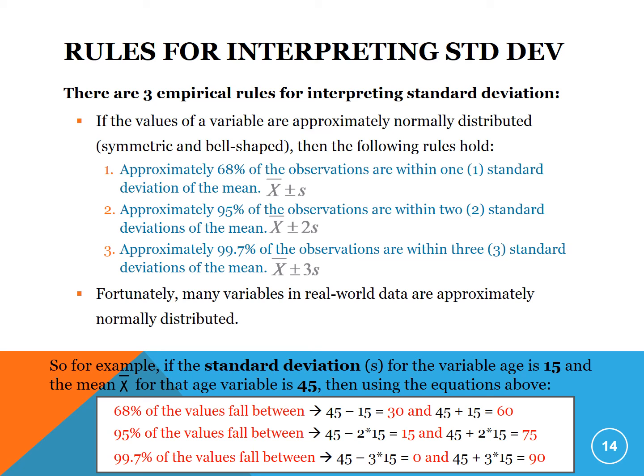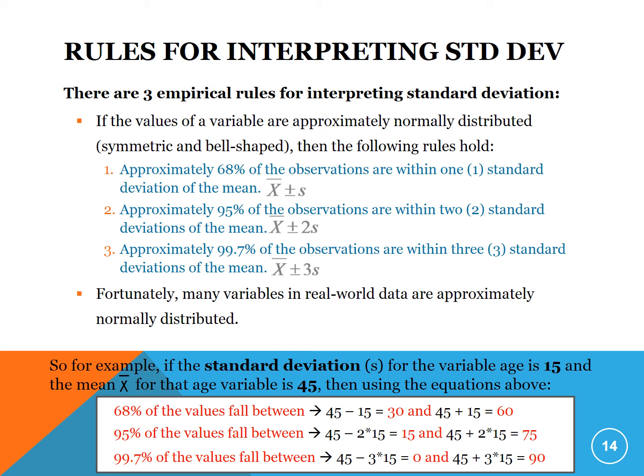And then 99.7% of our data falls between the ages 0 and 90. So practically all of our survey respondents would fall between 0 years old and 90. Now, anything outside of that is probably an outlier, and sometimes outliers can indicate that something went wrong, right?